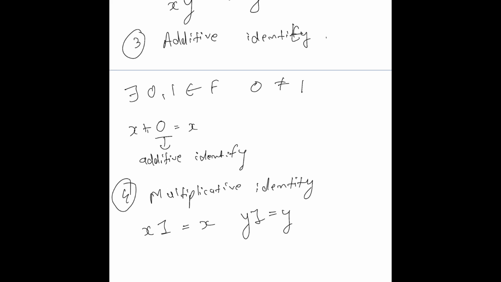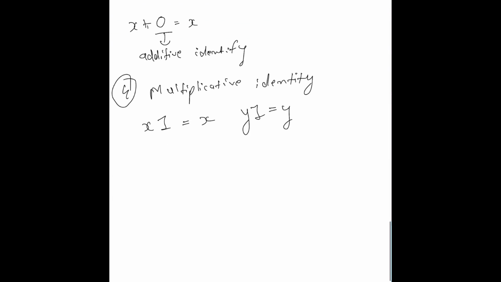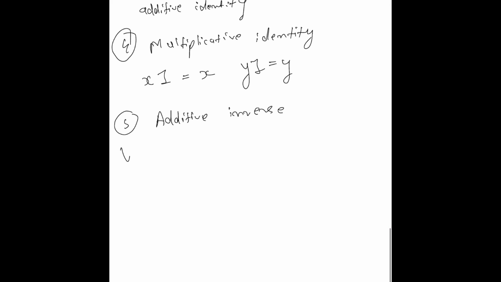After identities, we can go with the additive inverse. For the additive inverse, we can say for all x belonging to F there exists minus x belonging to F, such that x plus minus x is equal to 0. When you add something to a number and get 0, then that is the additive inverse of the number.